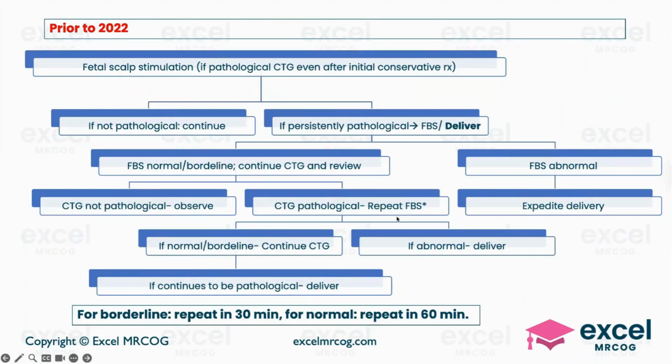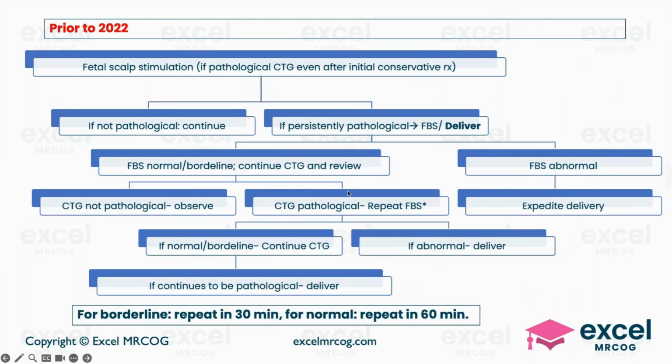So you repeat FBS, and if it is again normal or borderline, you continue the CTG. But if it is still pathological, you don't do another FBS. Twice you have done. Then, if it's again pathological, please deliver. If it's abnormal, again deliver. So that's the thing.